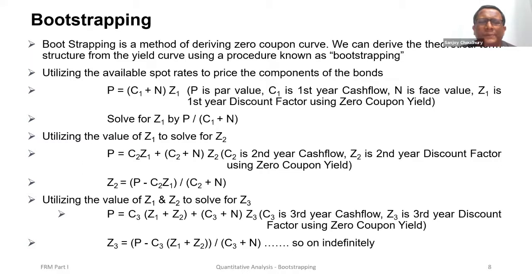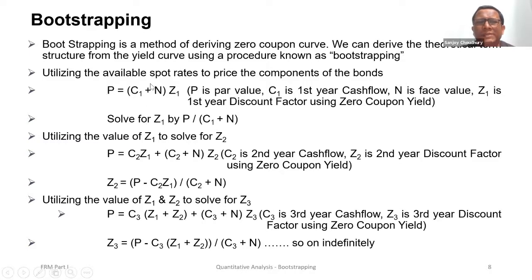Suppose P is the price of the bond, or the par value of the bond, and C1 is the first year cash flow. If we take 100 as the par value, C1 will be the first year yield. That means on 100 par value, how much return you will get.